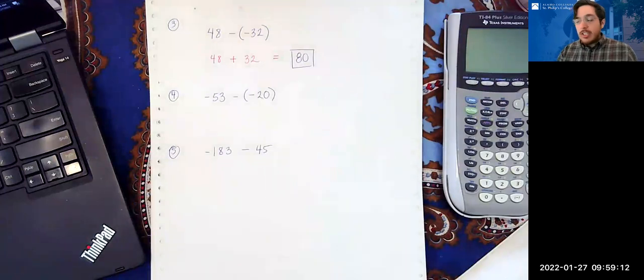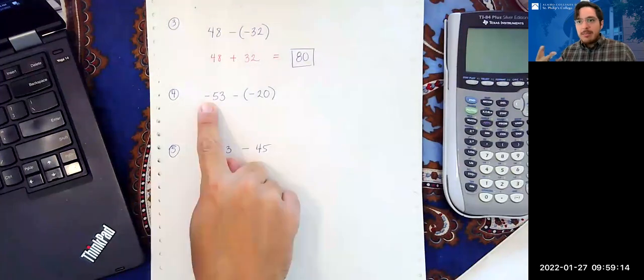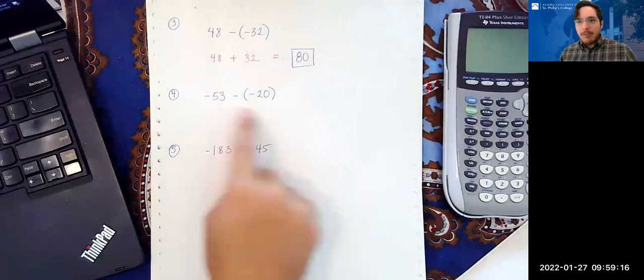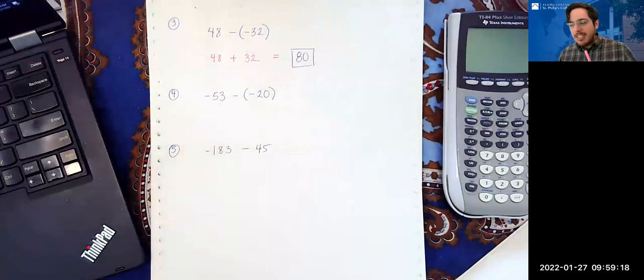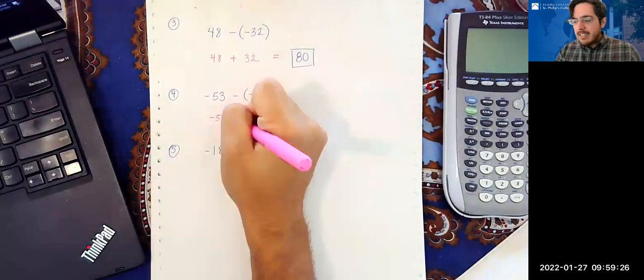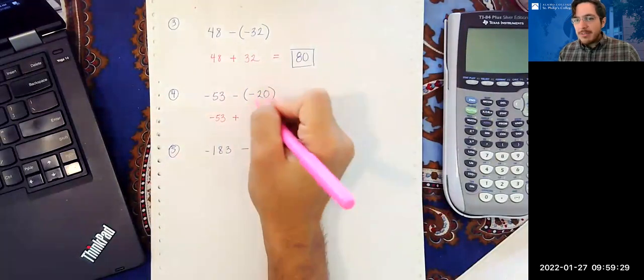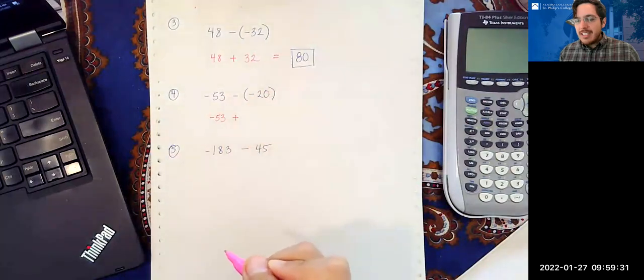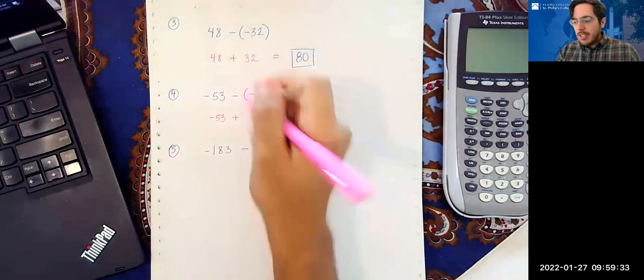So we're going to do keep, change, change for the second one, right? Because that seems to be easier than doing the number line every single time. A number line would just be really cumbersome. We're going to keep this as negative 53. And then we will add the opposite of negative 20, which is just positive 20.